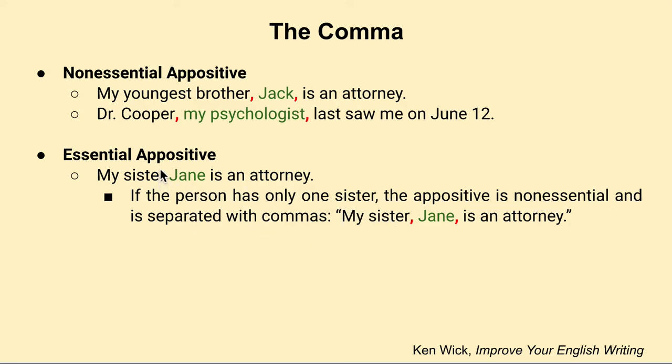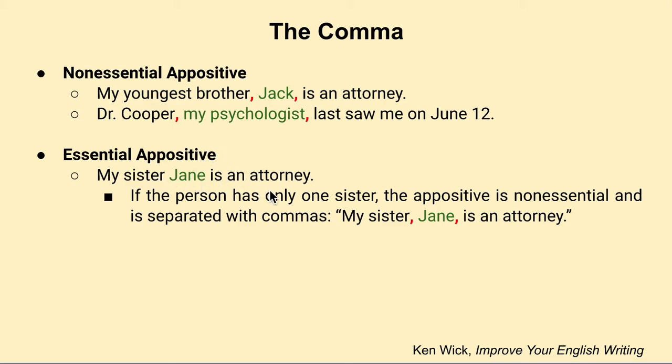So here's an example where we have to know from the context. If the person had multiple sisters, my sister could be referring to any one of them. Then we put in Jane, and we know which one it is because having the name here is essential to the meaning of which sister it is. So therefore, since it's essential, we would not separate with commas.